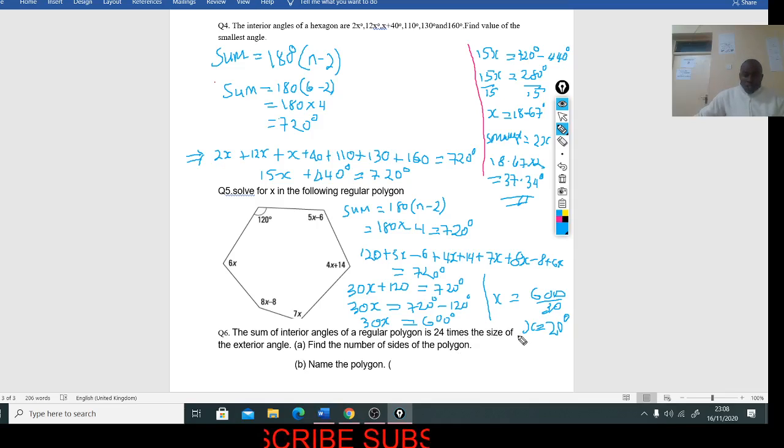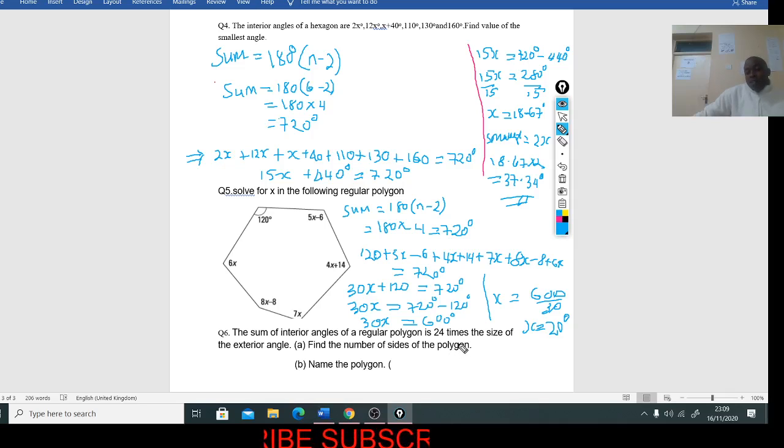Now the last question is that the sum of interior angles of a regular polygon is 24 times the size of the exterior angle. So 24 times that exterior angle, and an exterior angle is 360 degrees divided by n.